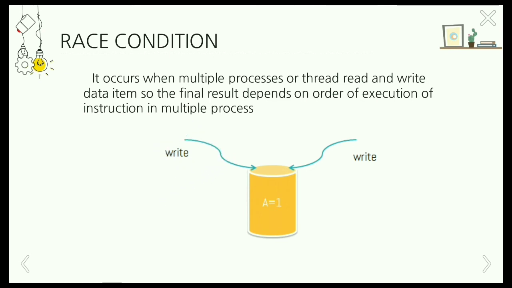Let us consider that process P1 is going to increment the A value by 1. Similarly, process P2 is going to decrement the A value by 1. So based on the order of execution, that means which process executes first and which executes last, the result will vary.